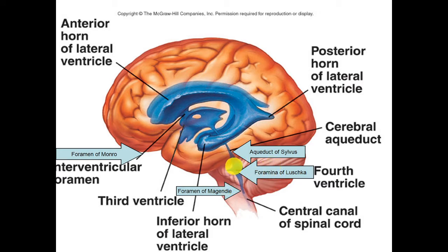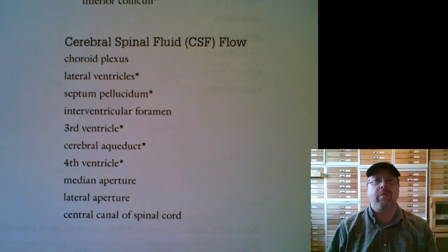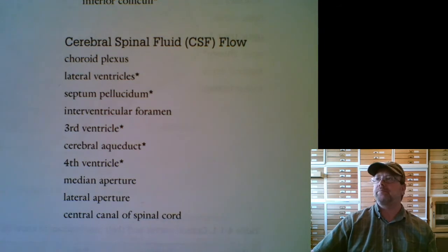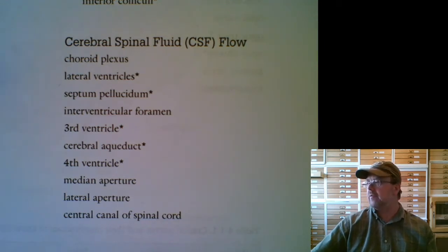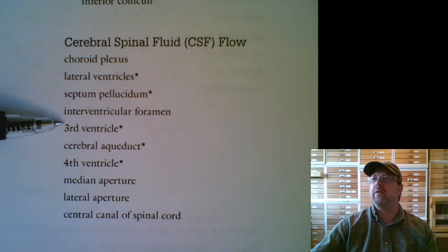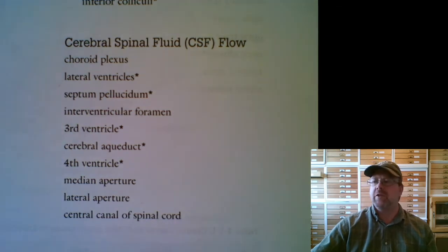This lump right here is known as the fourth ventricle. So we have these 4 ventricles that make up the reservoirs for our cerebral spinal fluid. So we have lateral ventricles, the third ventricle and the fourth ventricle. Those are those blue spaces.